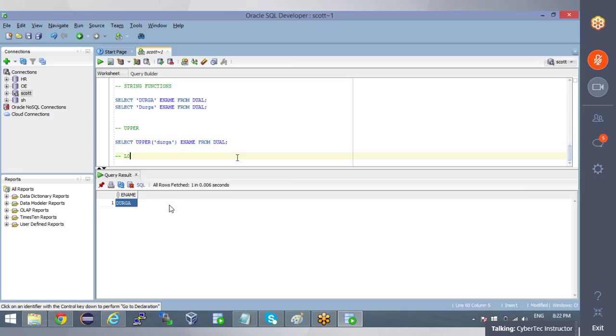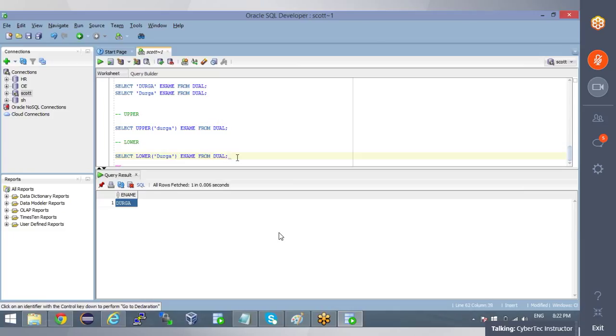Likewise, you have a function called lower. Select lower of Durga, email from dual. Now here I have the value Durga, whose first letter is in uppercase and the rest in smaller case.